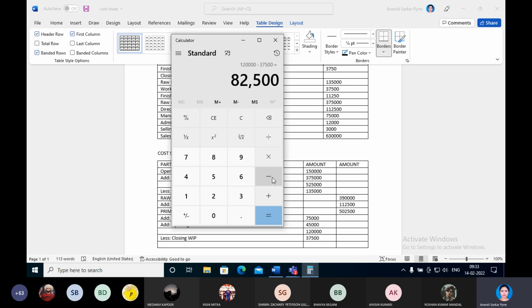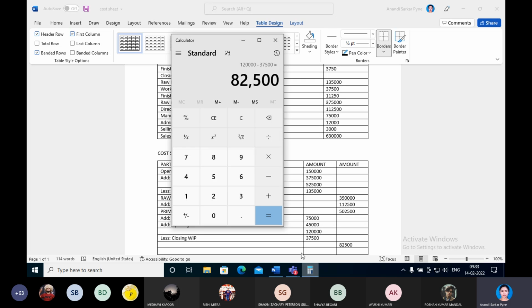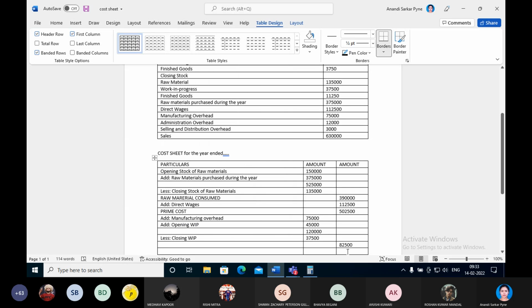So that is 82,500. Now if you add 82,500 with 5 lakh 2,500, you get 5 lakh 85,000, which is your works cost.